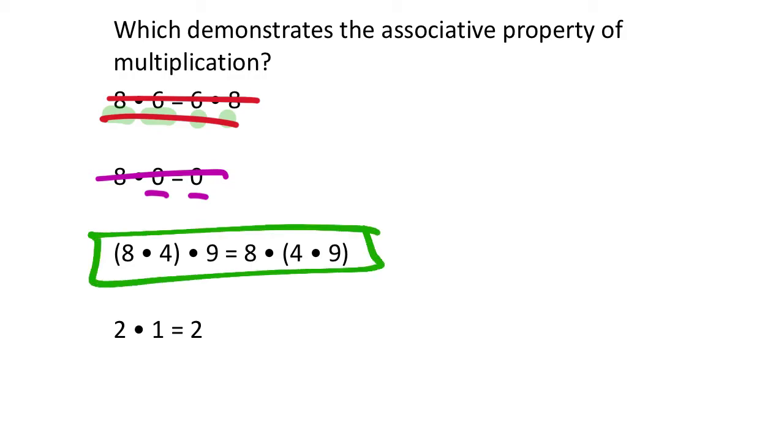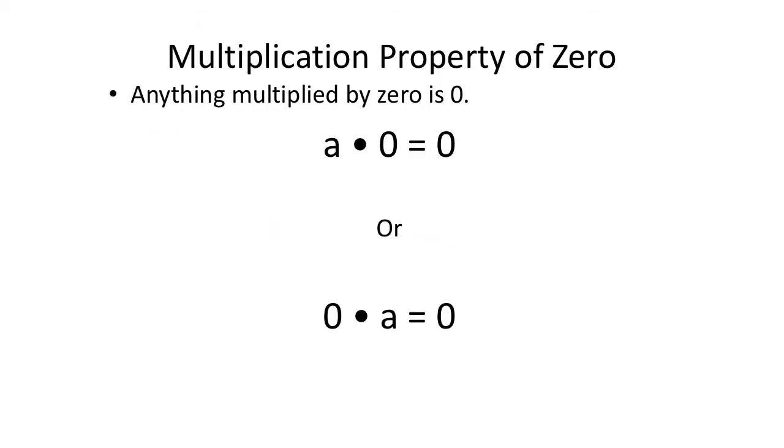And yeah, finally, 2 times 1. This is just the identity property of multiplication. So it's not that one. It's this one. So hopefully, since we've seen the commutative property and the associative property before with addition, seeing it with multiplication doesn't make that too complicated for us.